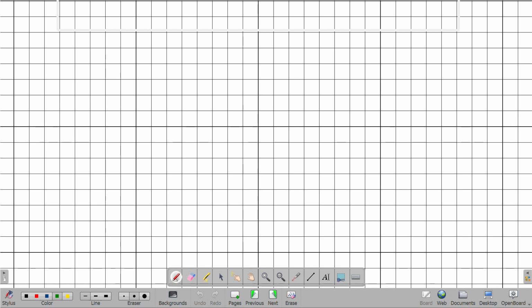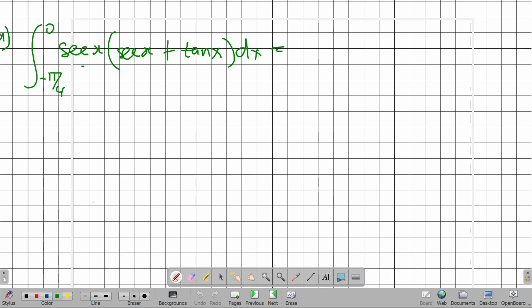That takes us now to the most important part. One of them is this, a very good question. Find the integral of sec x in bracket sec x plus tan x. What is important is for me to expand.